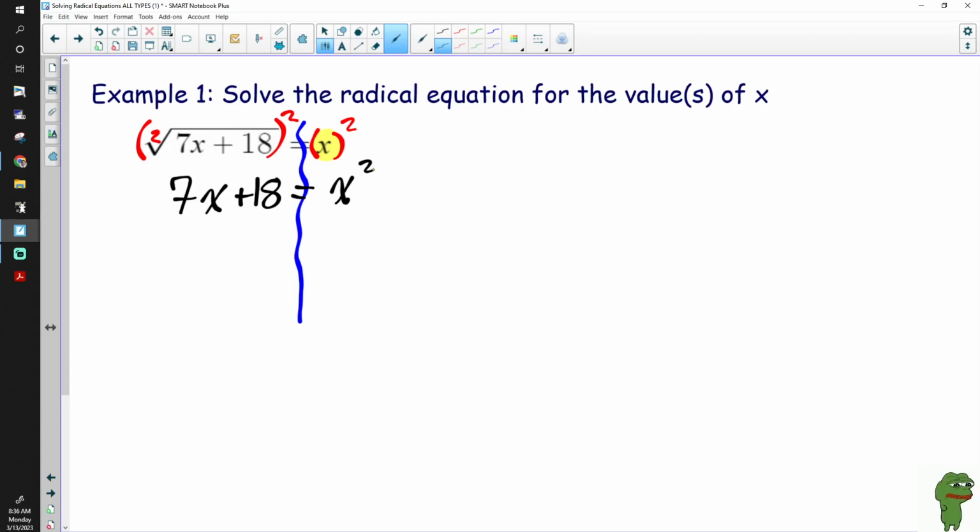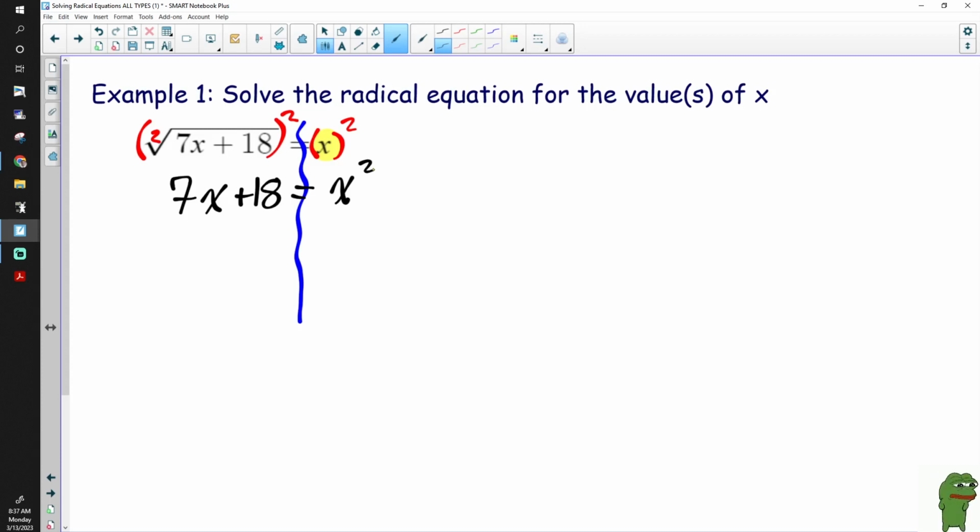Whenever you see an equation that has x's and x squareds in it, that is a very good indicator that you have to do that x method. We can't get x by itself because there's two different types of x's. So we need to get everything onto one side and use the x method.